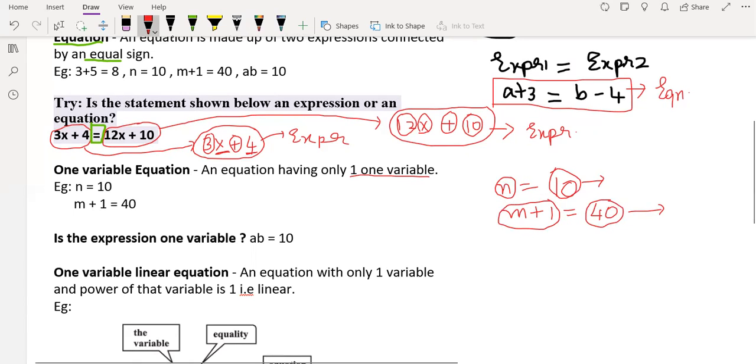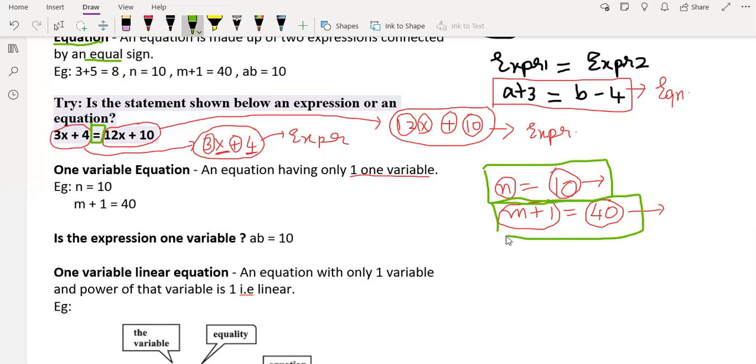When I look at this equation, just consider the n is equal to 10 example. What is this? The variable. Only one type of variable is there, n. Now consider m plus 1 equals 40. Here also only one variable is there, which is nothing but m.